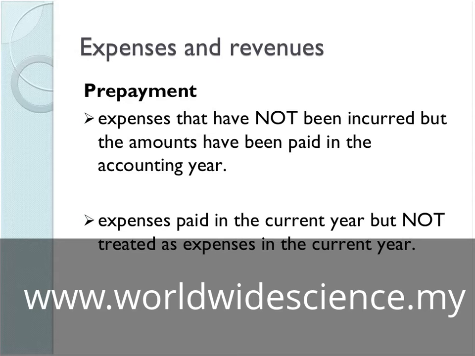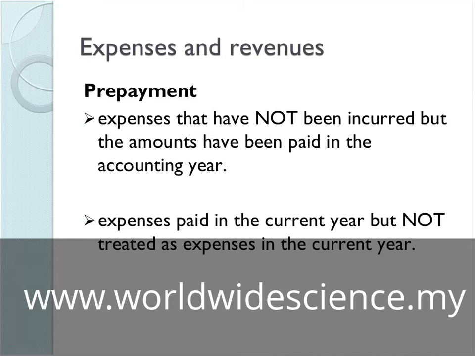That means this is expense we already paid for, but the invoices from our suppliers, for example, we haven't received the invoices, but we already paid for those expenses. And expense paid in the current year, but not treated as expense in the current year.